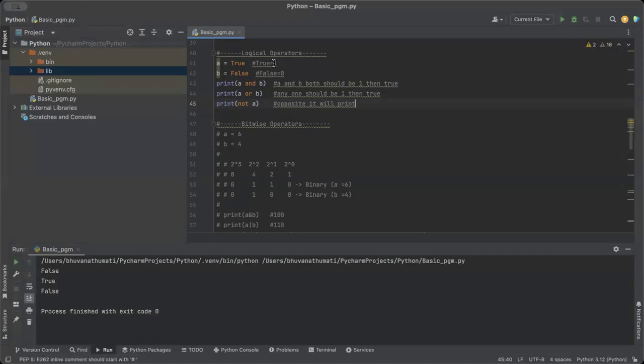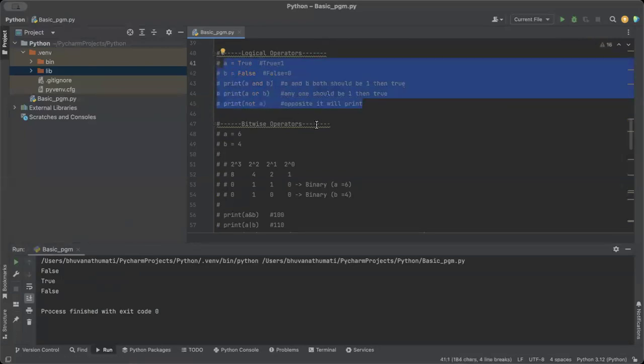So both are not 1, 1, so for this we are getting output as false. For or, any one should be 1, so it is 1 here. So 1, 0, it is true. Not A: A is true, so not A will be false, that is the output here. So these are logical operators. Let's comment these as well.